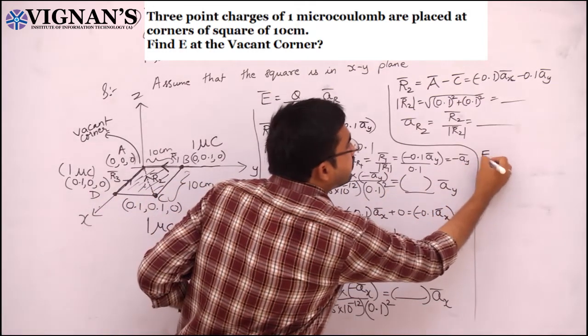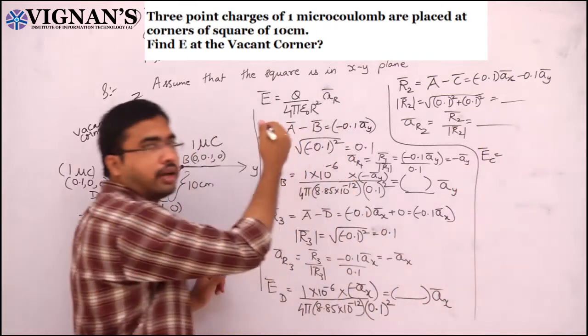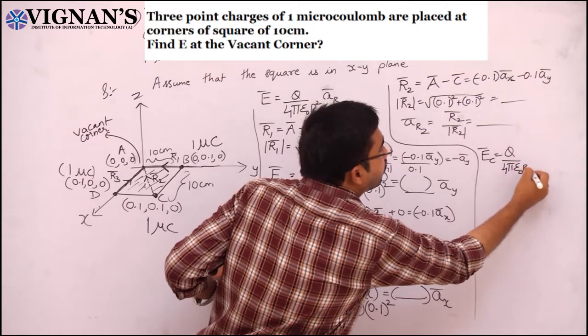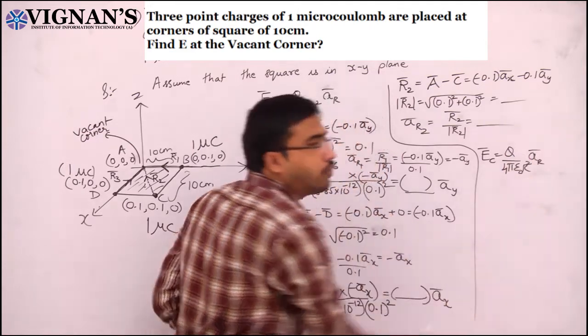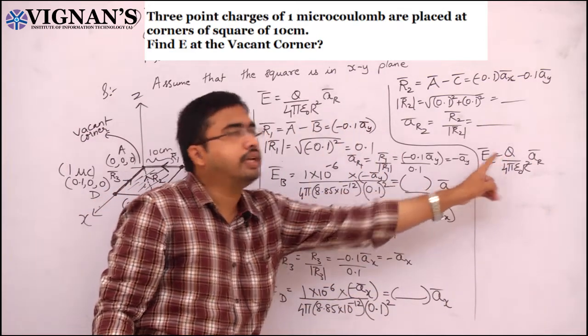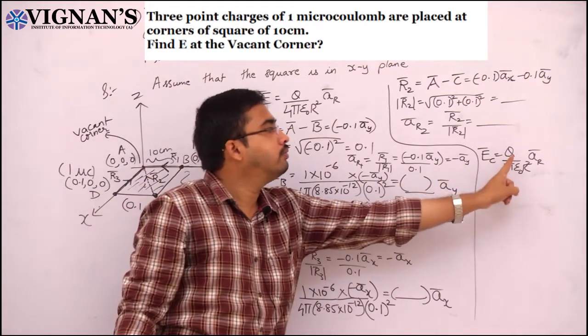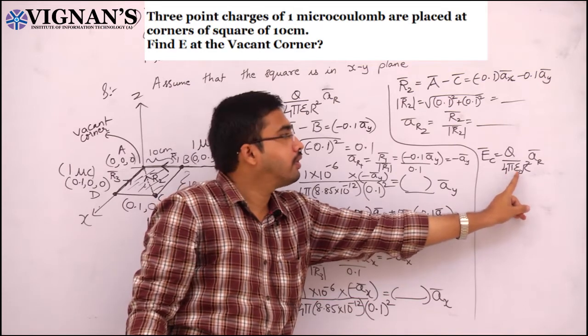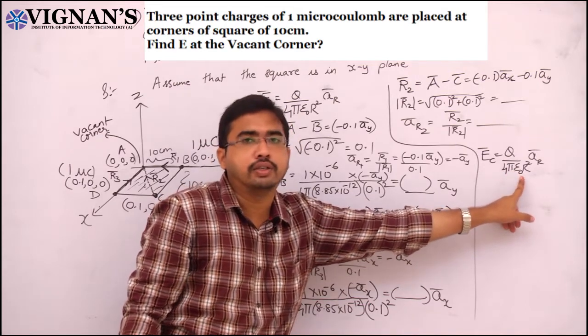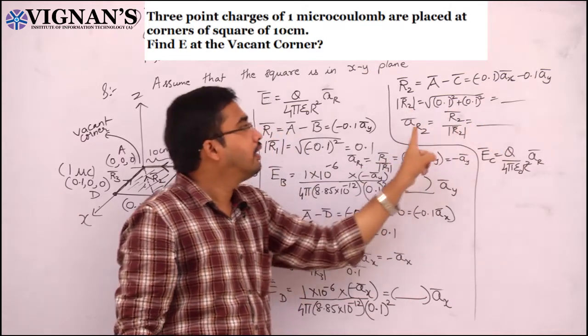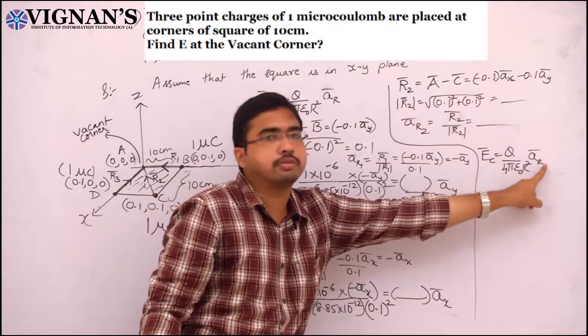That means EC is equal to same formula, Q by 4 pi epsilon naught R square into AR bar. Here what is the value of Q? Q is again 1 microcoulomb charge is placed here. 1 microcoulomb divided by 4 pi epsilon naught. Epsilon naught is 8.85 into 10 power minus 12. R value means simplify this R here, and AR value simplify this and substitute here.